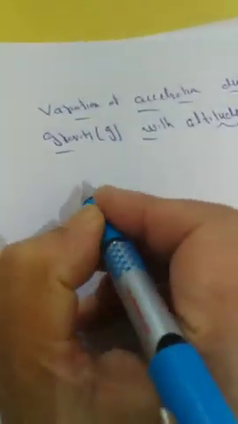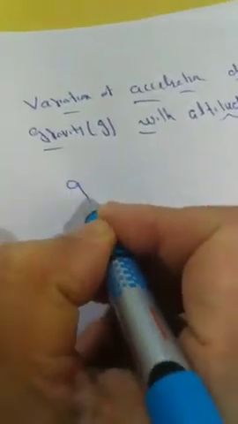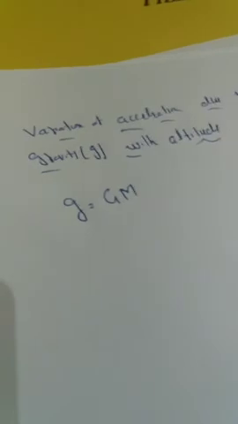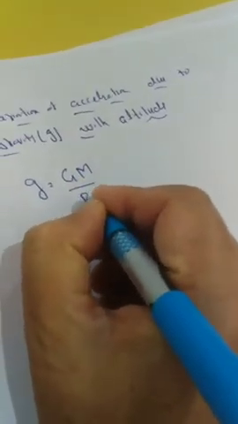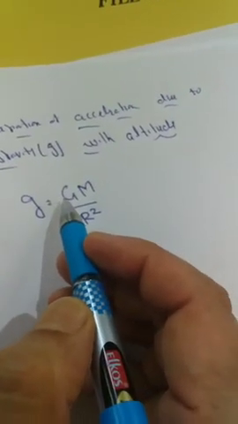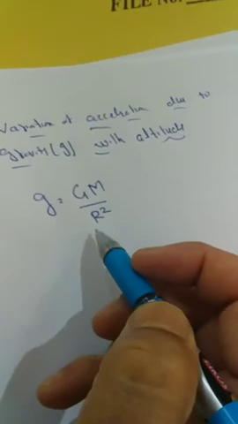Before doing this, in the previous class we have made an important relation. If you remember, g is equal to GM divided by r square, the acceleration due to gravity. Here G is the universal gravitational constant, M is the mass of the earth, and r is the radius of the earth.